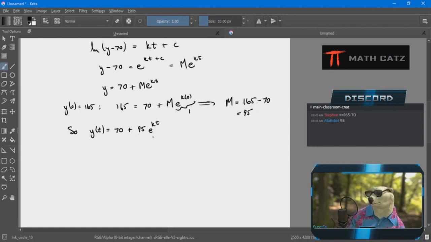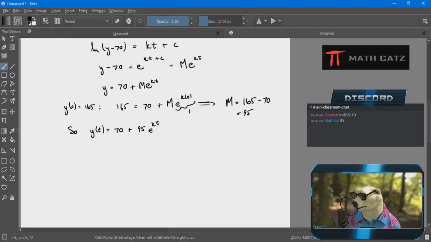Remember that regardless if the growth constant here is a decay constant or positive or negative, e to the something is always going to be positive. But I'm really just having an exponentially scaled amount above 70. And that is eventually going to get smaller, but I'm always going to be above 70.